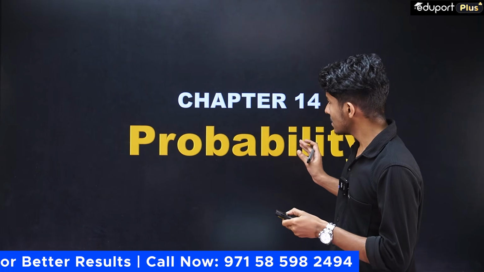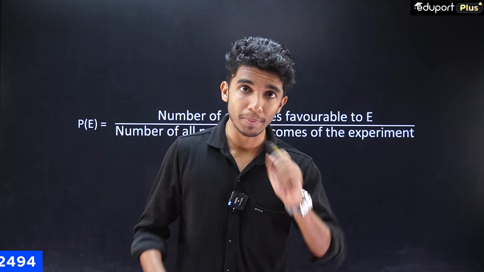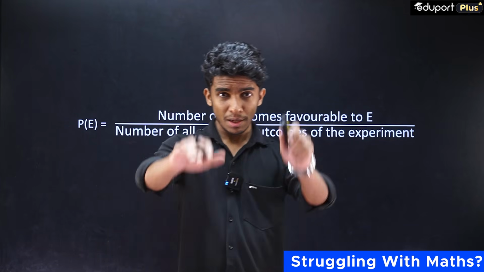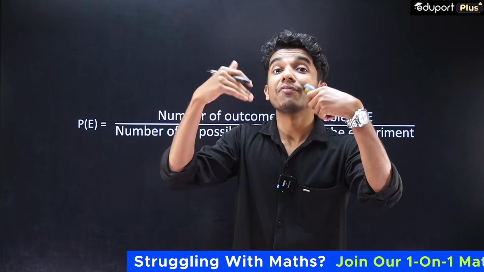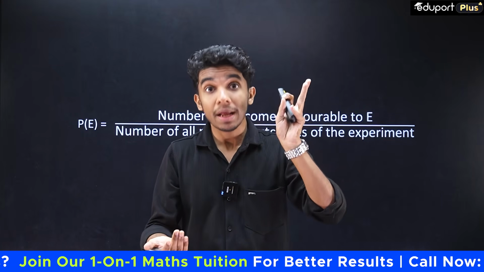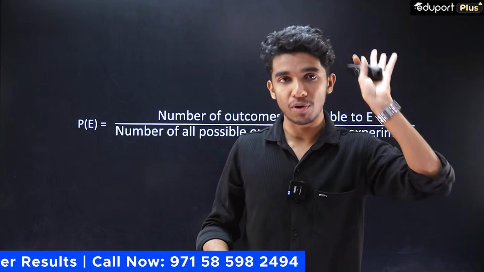So let us start with the basic idea of probability. Probability is the number of favorable outcomes divided by the total number of outcomes.